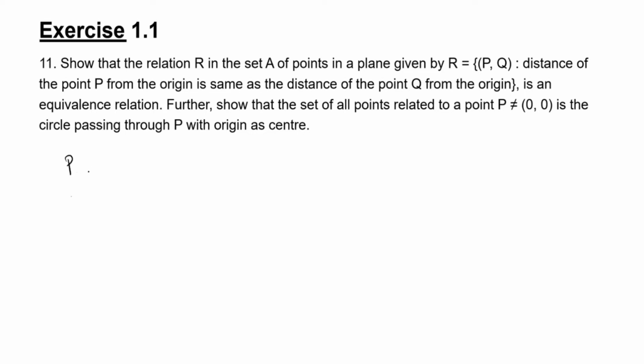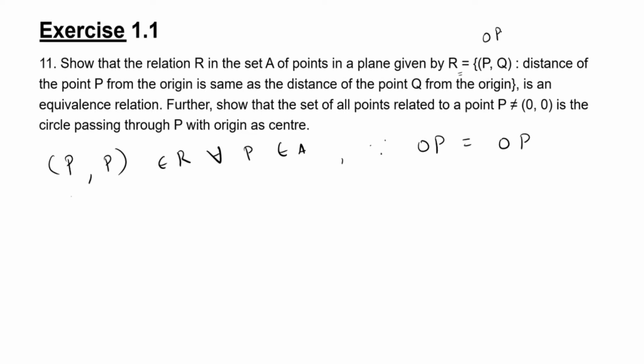So first we have the ordered pair P, P. It belongs to R for all P belongs to A, since OP is going to be equal to OP. Here what is the relation? The relation R is given by the set of all ordered pairs P, Q such that the distance of P from the origin is going to be equal to the distance of Q from the origin.